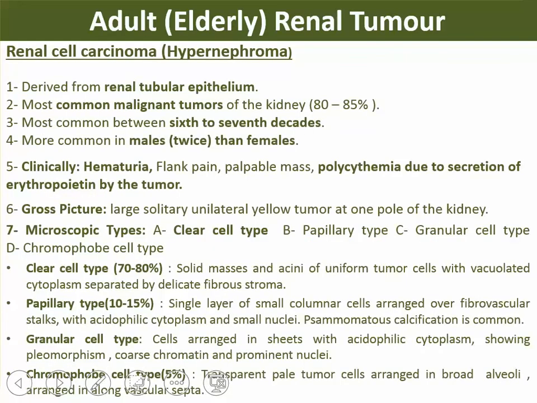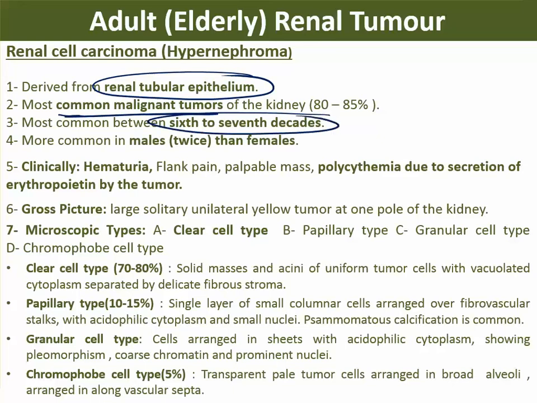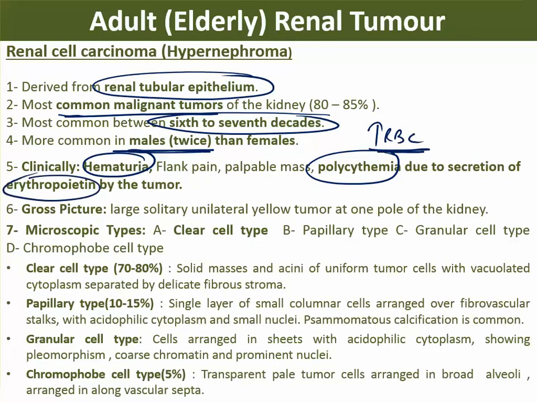Coming to renal cell carcinoma, it arises from the renal tubular epithelium, and it is the most common malignant tumor. It is seen in the elderly, in the 6th to 7th decades. It is more common in males, and remember it produces hematuria along with polycythemia. Polycythemia means increased RBC, because these tumor cells secrete erythropoietin.